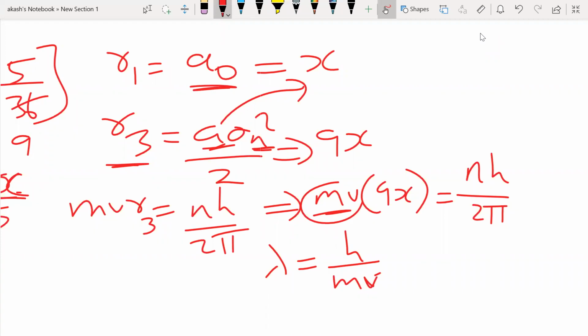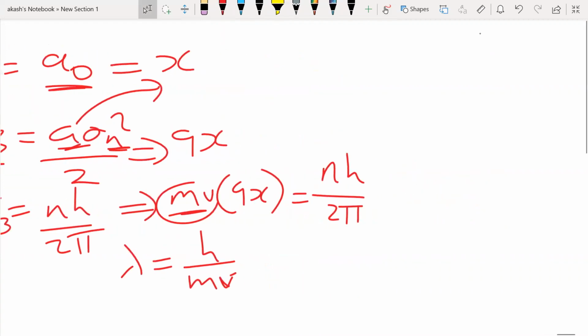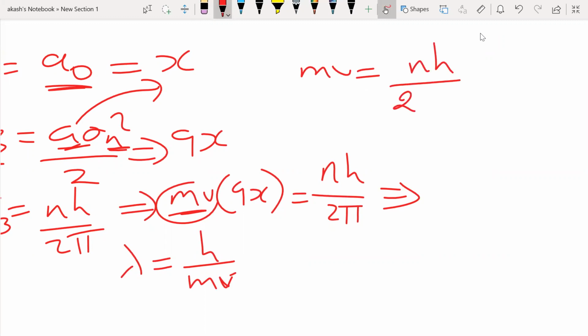So mv is equal to nh by 2 into 9, which will become 18 pi x. Okay, nh by 18 pi x.